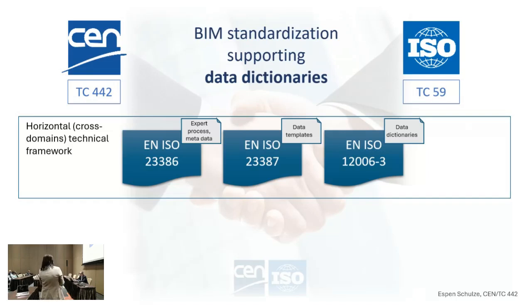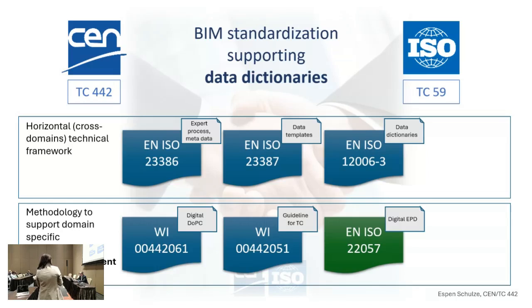The first one is about the data of our product in the metadata, the second one is about the data template, and the third one is a data dictionary. So this is something we already have for use, and this is the methodology that is still ongoing in terms of development.